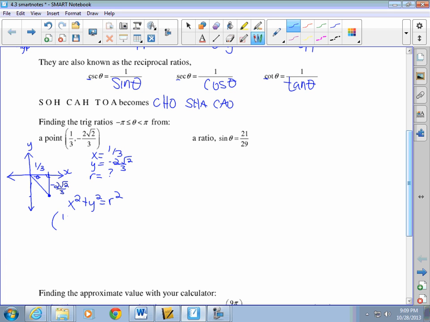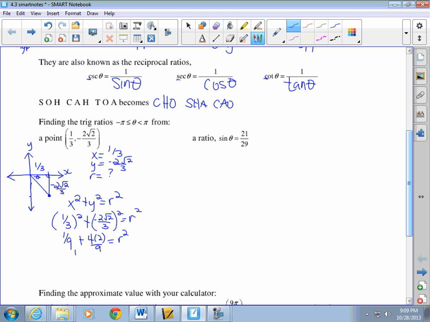So this becomes 1/3 squared plus negative 2 square root 2 divided by 3 all squared, and that's going to equal r squared. So this is 1/9 plus negative 2 squared is 4, square root 2 all squared is 2, and 3 squared is 9.